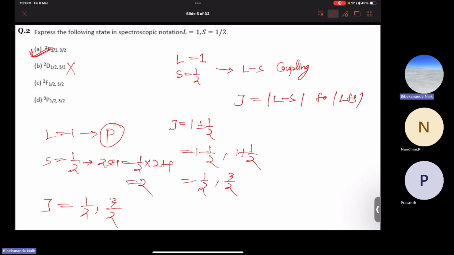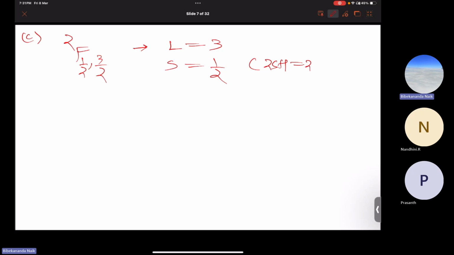Now again talk about the same thing. Talking about option C, 2f half and 3 by 2. For F, L is equal to 3 because S, P, D, F are 0, 1, 2, 3. So L equals 3 and S equals half because 2S plus 1 is 2. Then J values will be 3 minus half and 3 plus half, so it will be 7 by 2 and 5 by 2.